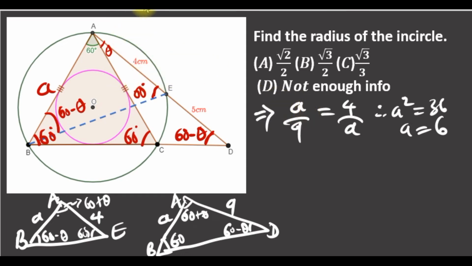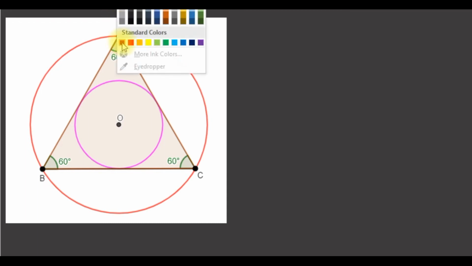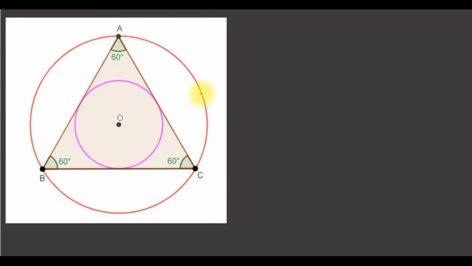The second thing now, the radius of the incircle. Before I relate it, let's analyze something using this diagram. This is an equilateral triangle inscribed in a big circle, and why is an incircle there also?